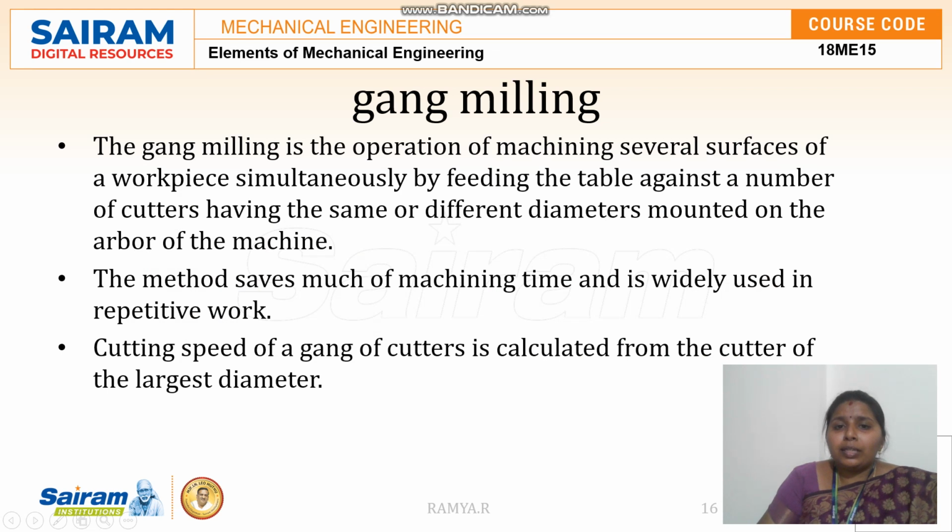And the next one is gang milling. In straddle milling we saw the same cutters used simultaneously for the same purpose. Gang milling is two different operations. If two different operations have to be performed at the same time in order to save time, two different cutters are placed on the arbor, and the two different operations are done simultaneously in a workpiece.